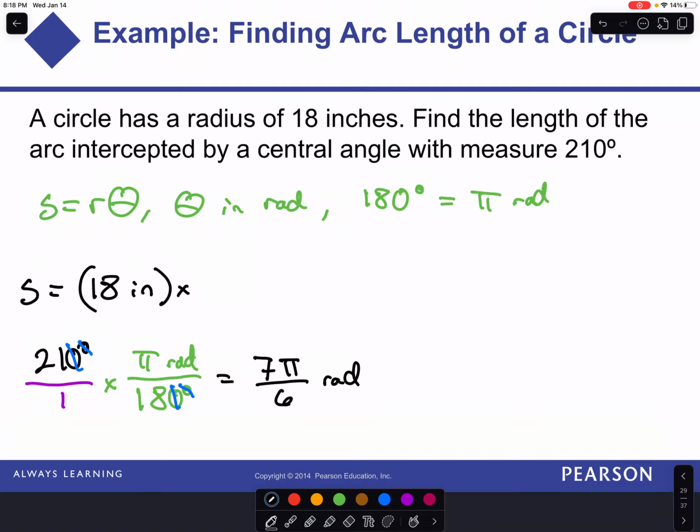So radians is essentially a unitless measure. It really doesn't have a unit. So here we would put 7 pi over 6. Like if we say radians times inches, the final answer is going to be in inches. The other unit absorbs radians. Okay.